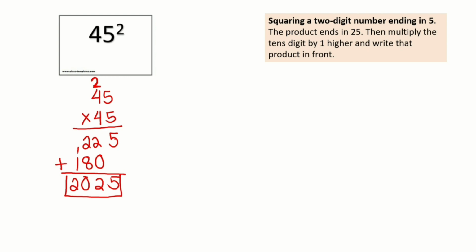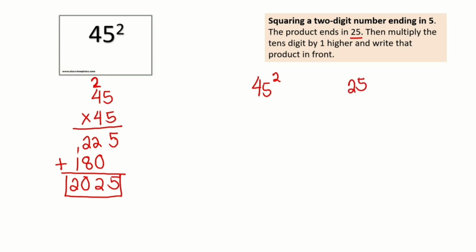Okay? So what are the steps? Without using a calculator, you can get the square of this number in just 5 seconds. First, remember that since the number ends in 5, the product ends in 25. So we have here 45 squared. That means the product ends in 25.